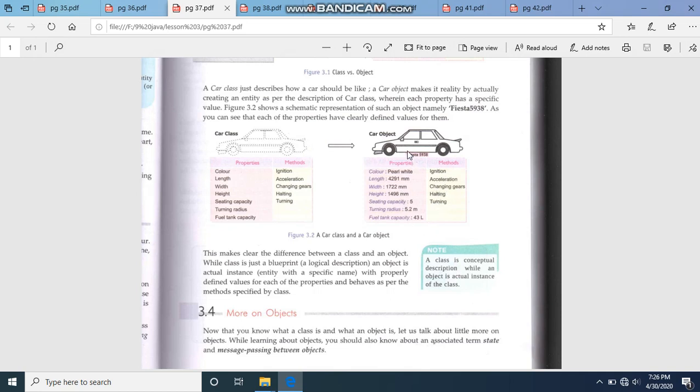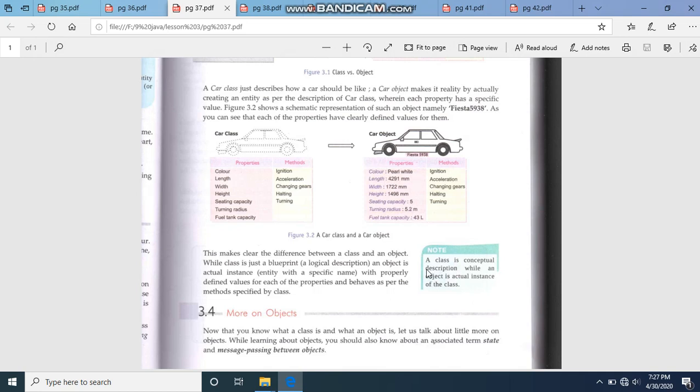If we draw it on paper, we will have its color, but it's not working: ignition, acceleration, changing gears will not work. But if you have a factory, then this is the program on the computer. Seeing this, you actually make the objects. So from one program on the computer, seeing that, you make thousands and thousands of real objects.